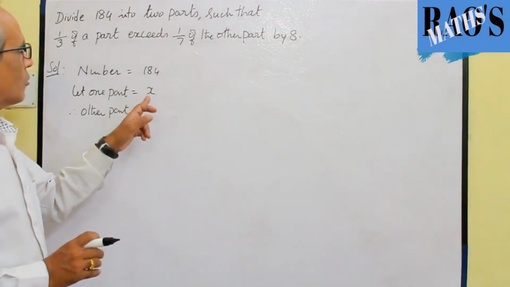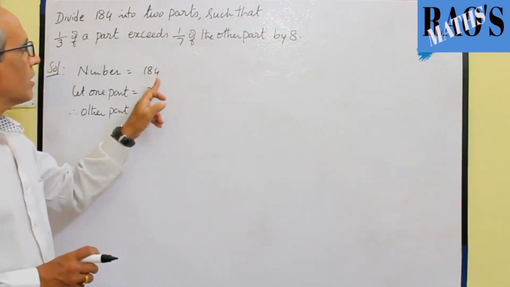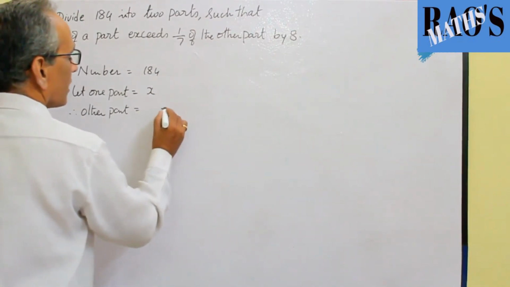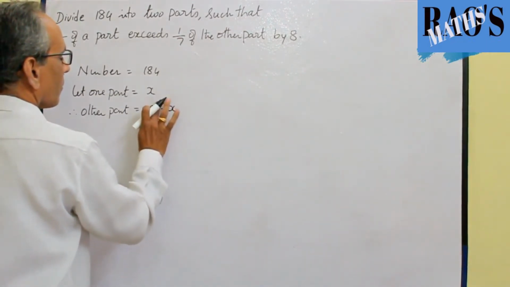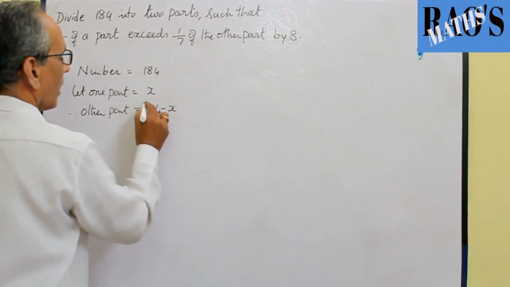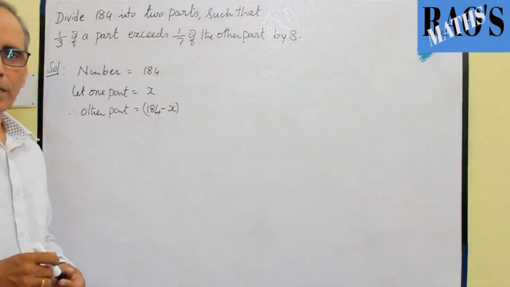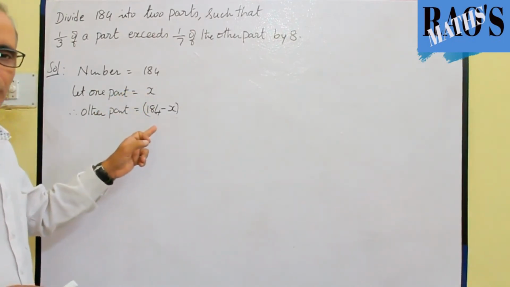Suppose if one part is 20, what is the other part? How can I get it? By subtracting 20 from 184. The same way, by subtracting x from 184, I get the other part. Clear? So we divided the 184 into two parts in such a way, one is x, the other is 184 minus x.